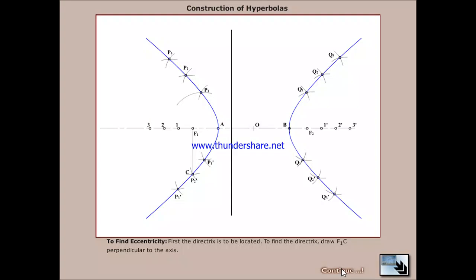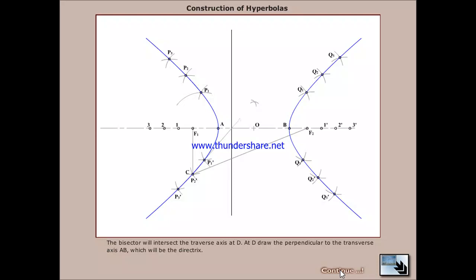To find the eccentricity, first the directrix is to be located. To find the directrix, draw F1C perpendicular to the axis. Draw the bisector of angle F1CF2.